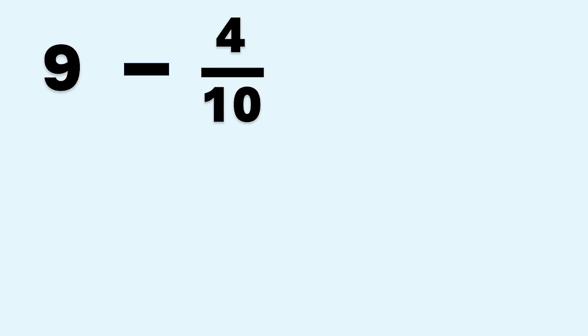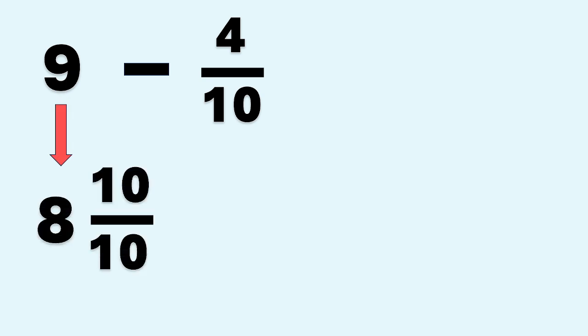Now, a fraction equals one whole when the numerator is the same as the denominator. In 4/10, we have a denominator of 10. So let's use 8 and 10/10 because the denominator is 10. Now it gives us a common denominator, so 8 and 10/10 is equal to 9.